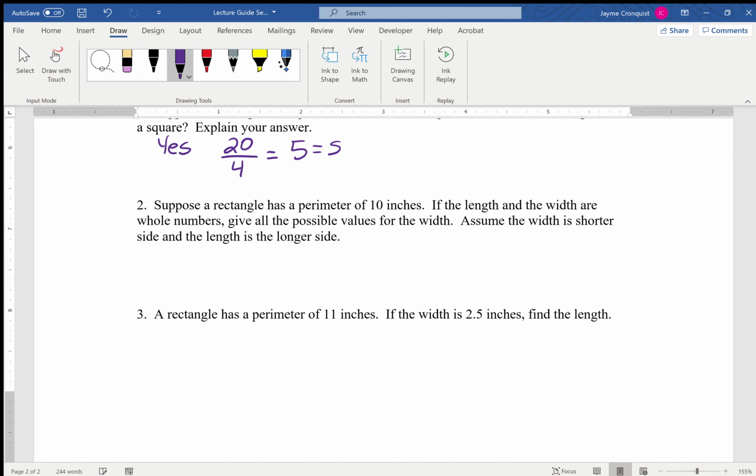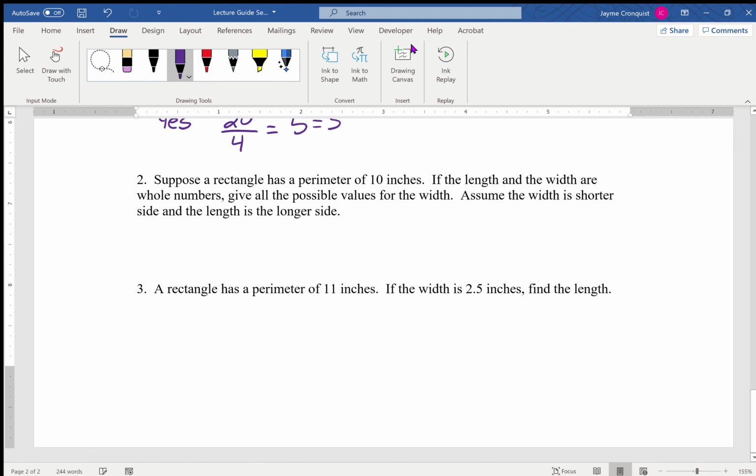All right. Now, suppose a rectangle has a perimeter of 10 inches. If the length and width are whole numbers, give all the possible values for the width. Well, no, sorry. Length plus 2 widths, that's my perimeter, right? I could pull that 2 out. It's the same thing as saying 2 times (L plus W), right? Because if I distributed this 2 in, I'd get 2L plus 2W.